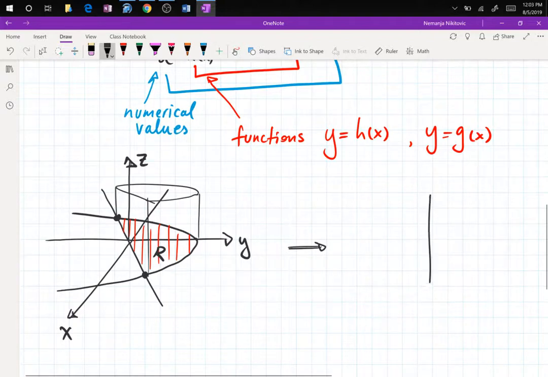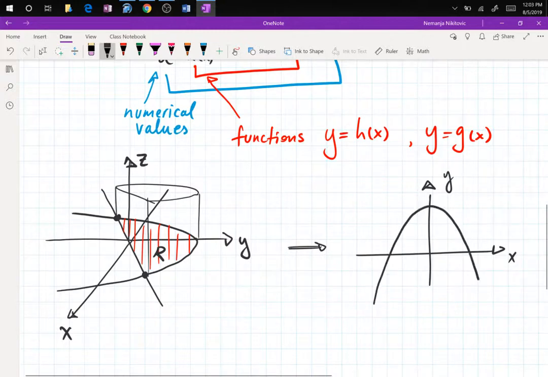Immediately, you draw this in a domain separately so that you can see what is happening. So I have the x-axis, and a parabola that goes through some value on y, let's say that value is 4.